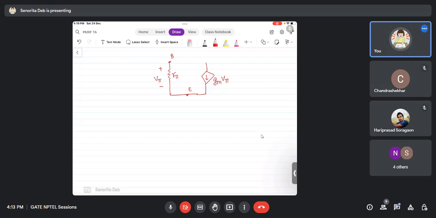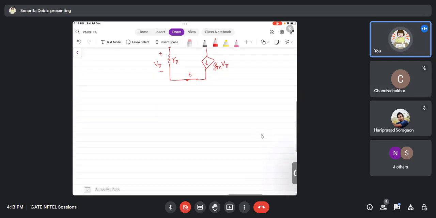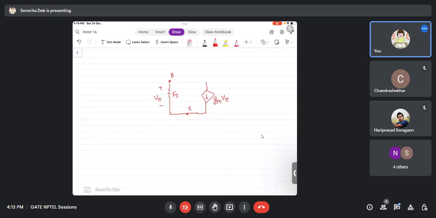When I write plus minus like this, that means it is between B and E. And then the emitter resistance is there from emitter to ground. This is your ground here. This point E is not ground, this is the emitter point. And now when you apply the signal, you apply it like this, plus minus V in. Are you getting this?